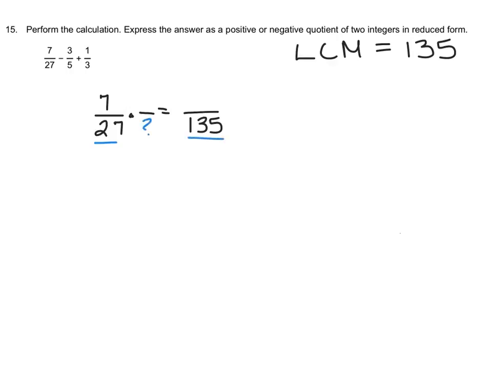So in other words, on your calculator, just do 135 divided by 27, and you'll get 5. So that tells me that I have to multiply the top and bottom by 5. So 7 times 5 is 35. So my first fraction will change from 7 over 27 to 35 over 135.